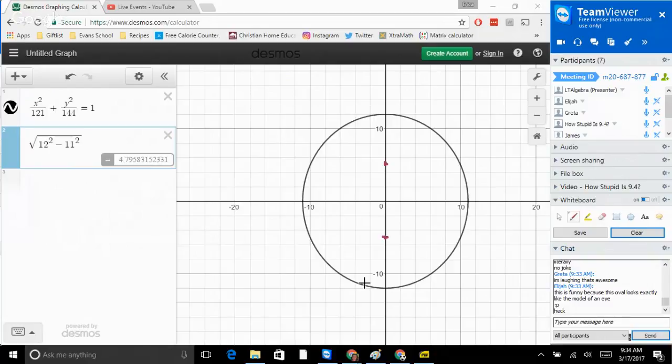So you probably have a better feel for what that means anyway, right? No, but you're artistic. Well, if you're Elijah and you can eyeball where the foci points are, then that's great too.